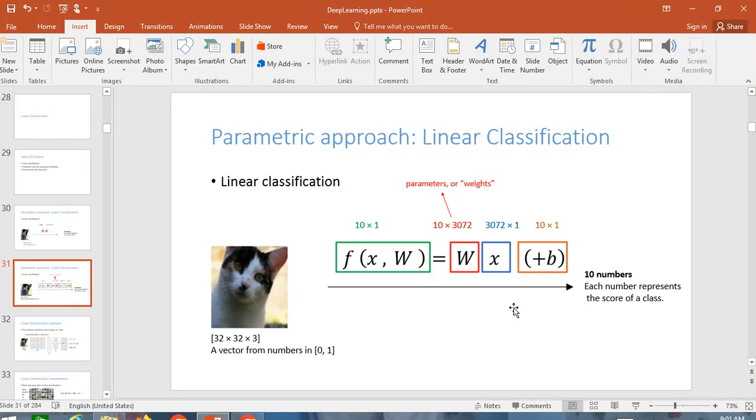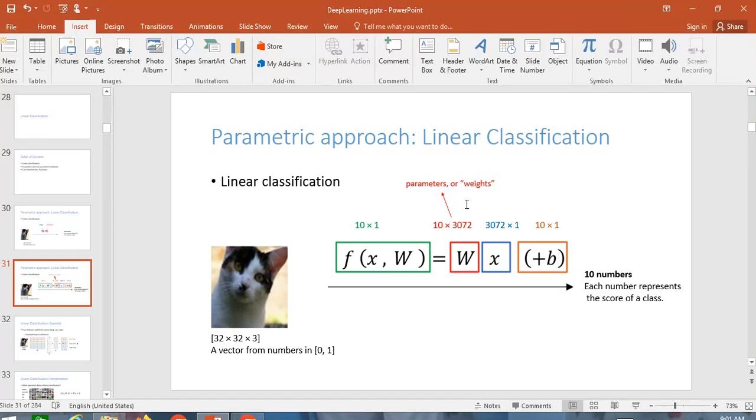We always have this bias actually. The output of this function should be 10 numbers. In machine learning, we talk about matrices and vectors. X becomes a one-dimensional vector that has 3072 numbers after vectorization. So you can see that the parameters or weights size is 10 multiplied by 3072, which is the result of multiplication of 32, 32 and 3.